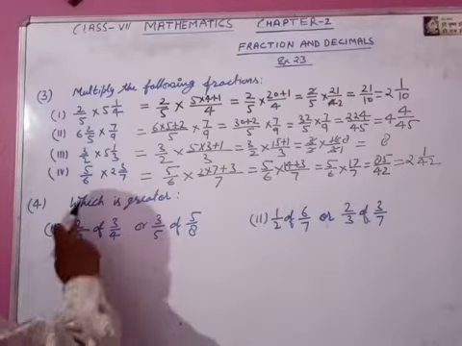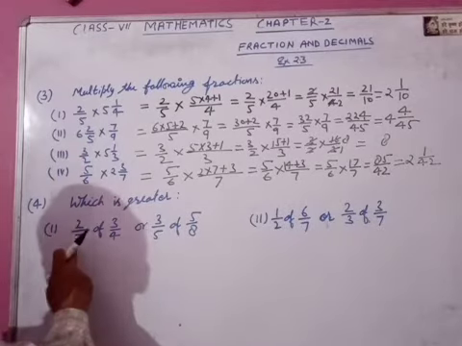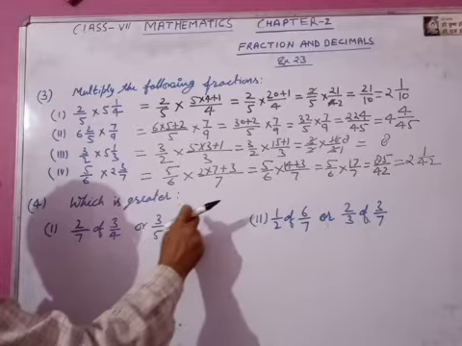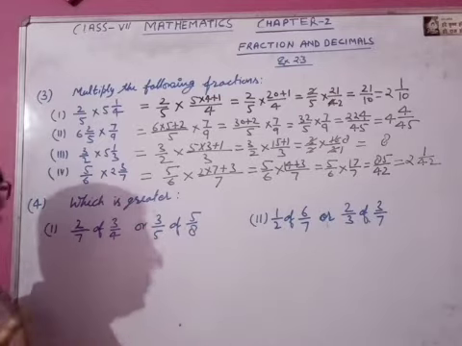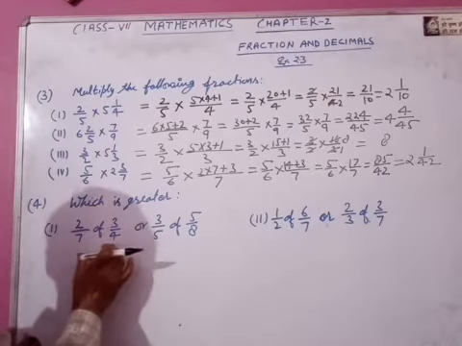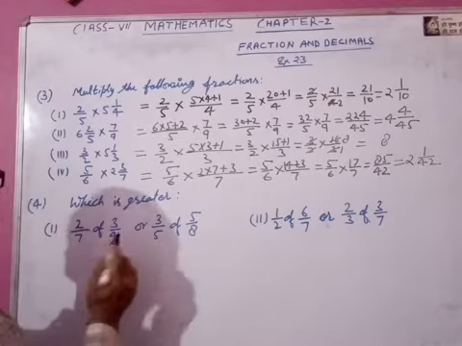Dear student, which is greater? 2 upon 7 of 3 upon 4 or 3 upon 5 of 5 upon 8. First of all, we will solve the two fractions simultaneously.